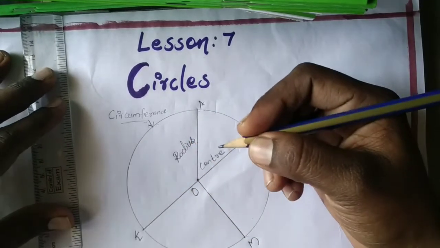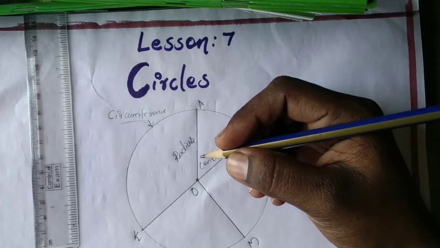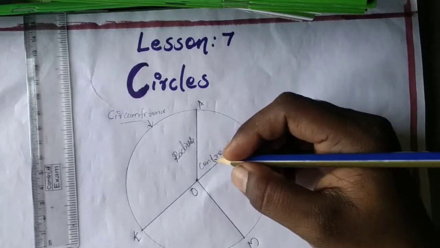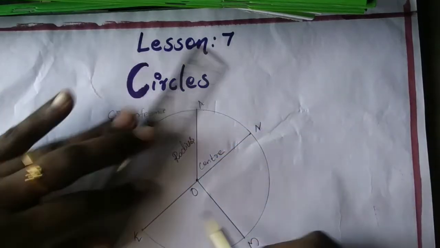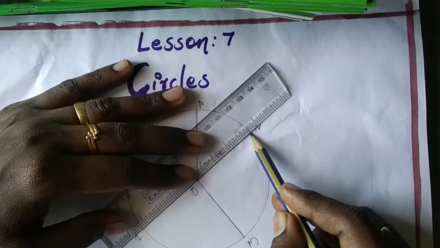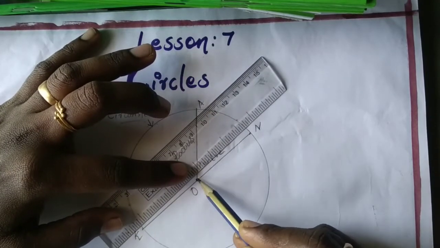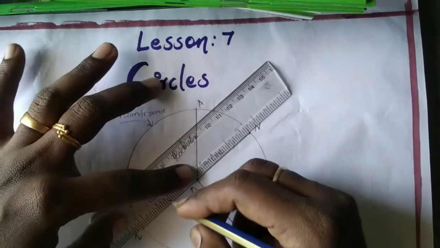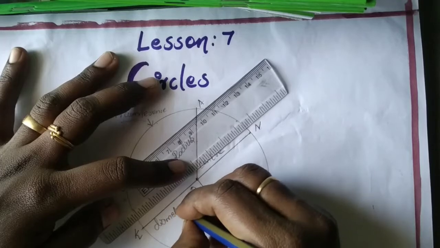Radius. Now a line segment joining 2 points of the circle and passing through the center of the circle is called the diameter. This is a line segment joining 2 points, and it is passing through the center, it touches the center of the circle, and this line is called the diameter.